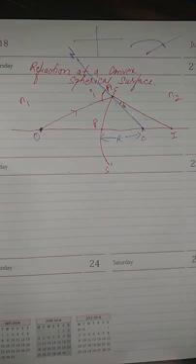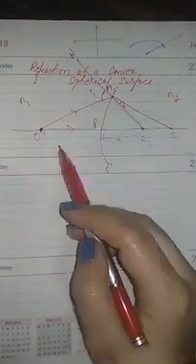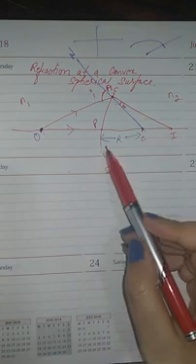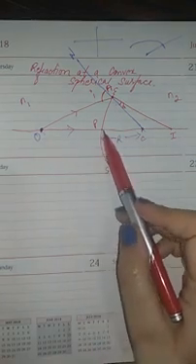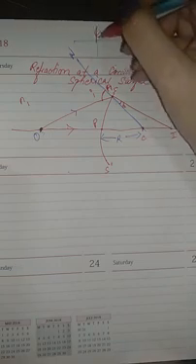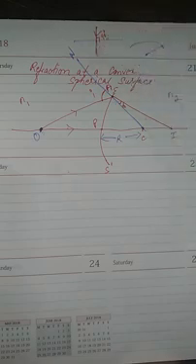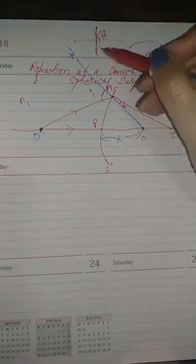Another incident ray OP, okay, another incident ray OP falls on the refracting surface normally. So another thing what we know is, if a ray of light falls normally on the surface making 90 degree, then it passes without deviating or without bending, it moves straight.